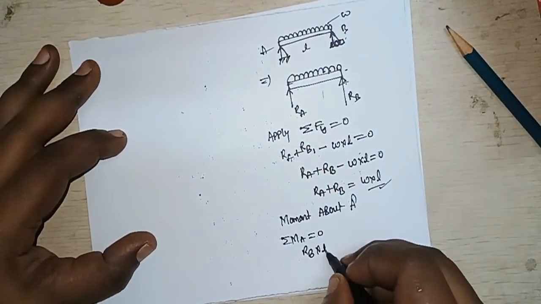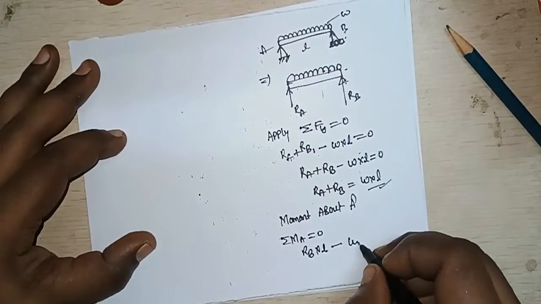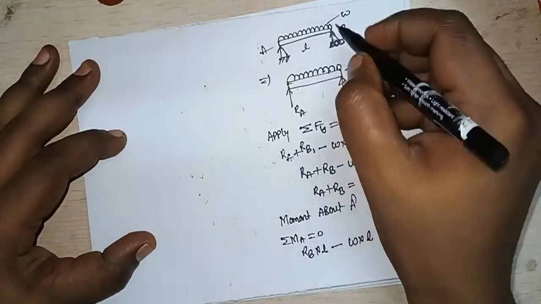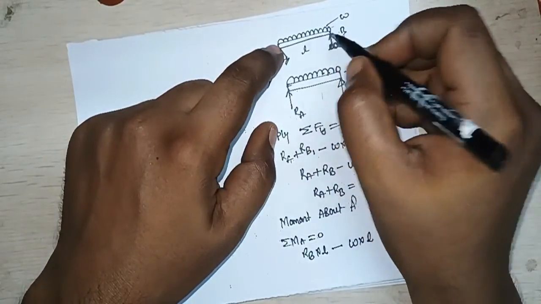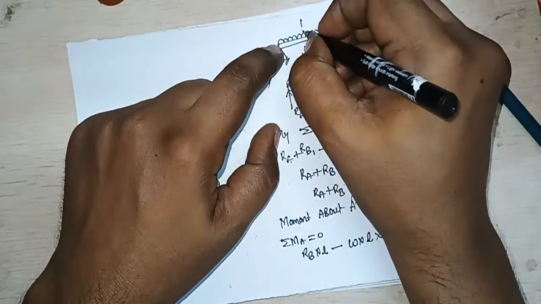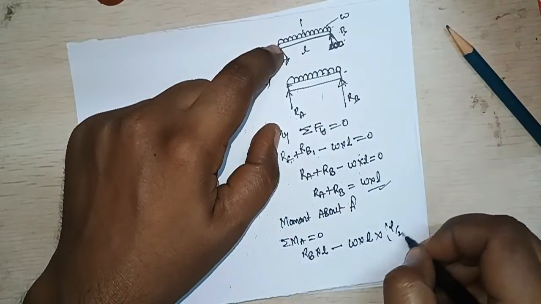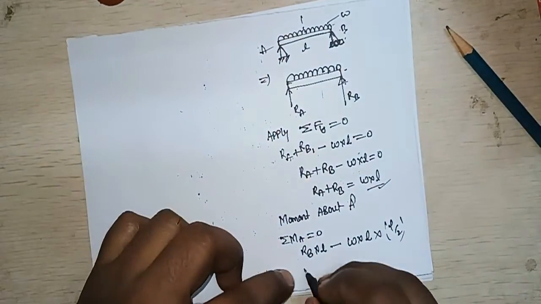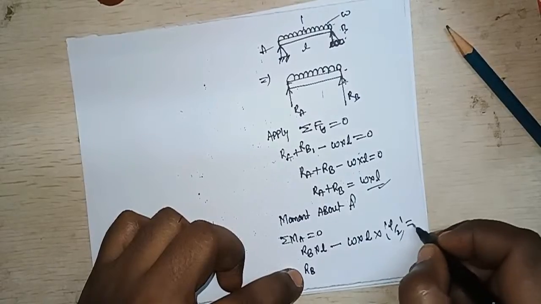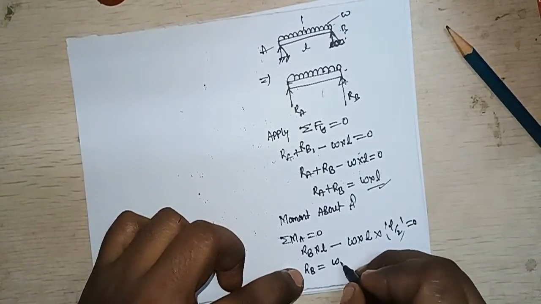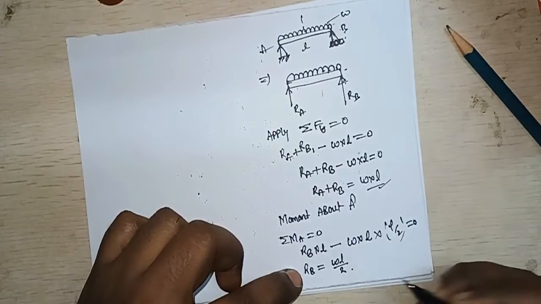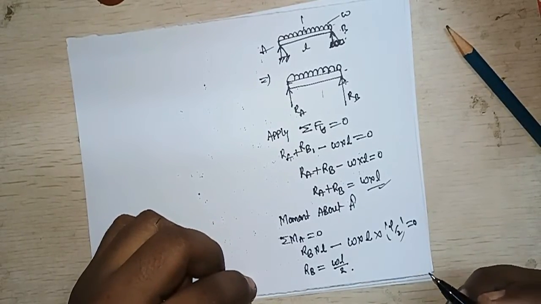RB into L minus W into L, and where is this load acting? Right at the center, L by 2. So this is equal to 0. RB you will get is WL by 2.